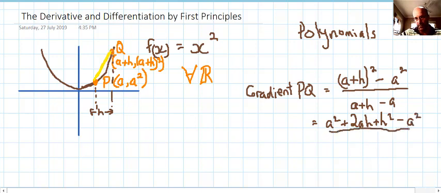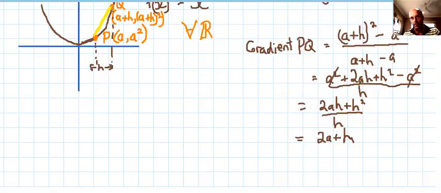So if you've watched this in sequence, this should all be pretty familiar. Okay, they cancel out. We've got 2ah plus h squared divided by h. We now cancel through. Okay, we get 2a plus h. It's a bit of a funny h.